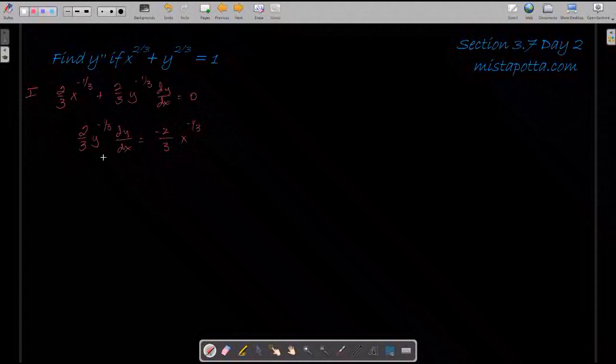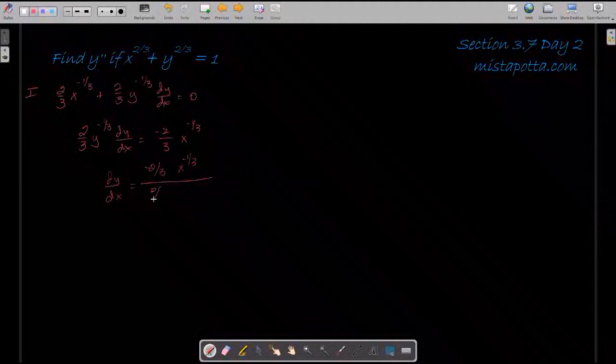And then I'm going to want to divide by this coefficient to get dy/dx by itself. So I'm going to divide by 2/3 y to the negative 1/3. So I have negative 2/3 x to the negative 1/3 in my numerator, and 2/3 y to the negative 1/3 in my denominator.